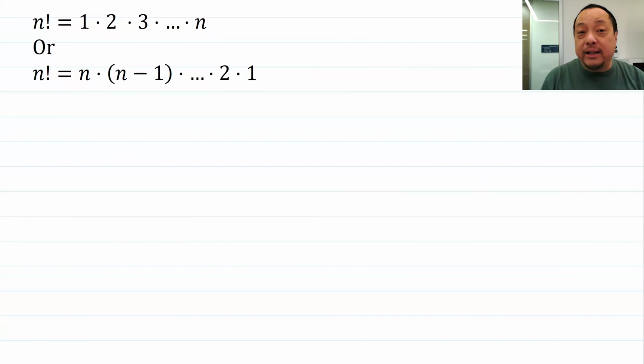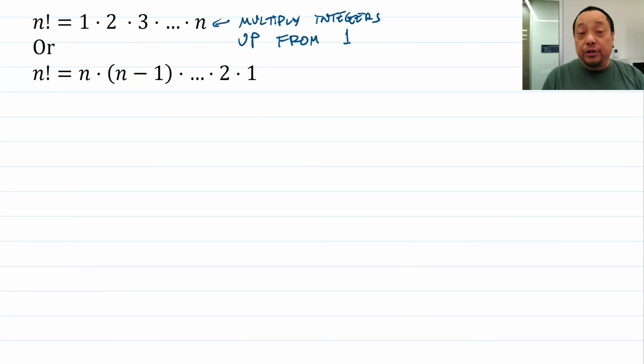All right, so let's take a look at the definition of n factorial. You could define n factorial as multiplying all the integers up from 1, starting at 1, going up 1, 2, 3, 4, 5, 6, all the way up to n. Alternatively, you can define n factorial as starting with n and multiplying down to 1.